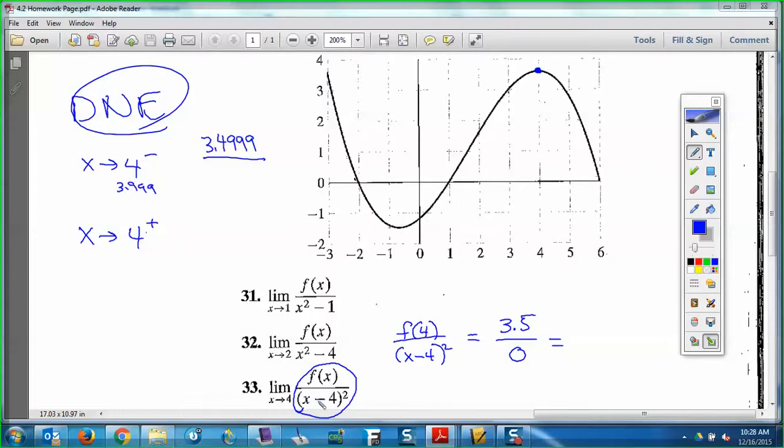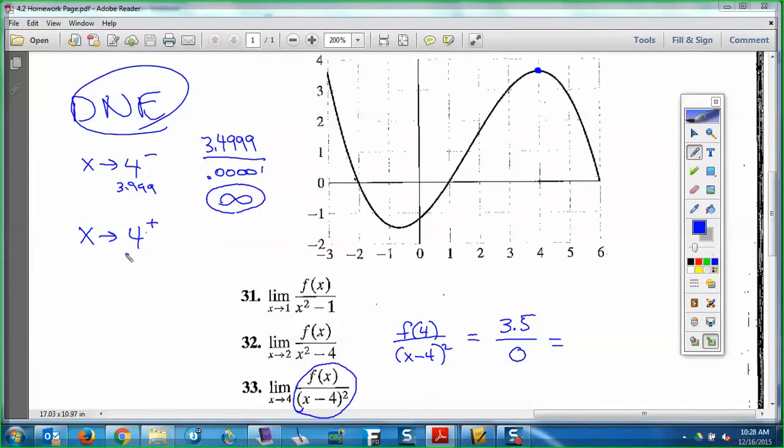We get 3.999 minus 4 to be negative 0.001, squared, positive 0.001. So it's going to be a small positive. What happens when you divide a positive by a small positive? Big positive, right? We knew we were going to infinity. We just didn't know if it was positive or negative infinity. That's what we're looking for.